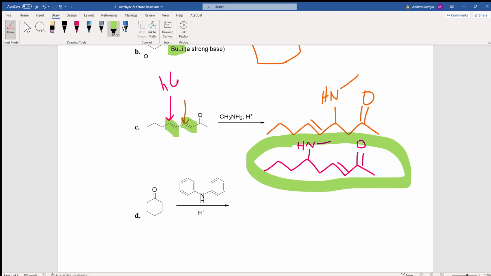Why is it better? Well, in this 1,6 product, our remaining alkene is conjugated into the carbonyl, whereas with the 1,4, it's removed from the carbonyl. And that extra conjugation is enough to help stabilize the 1,6 product that in this case it would be preferred over the 1,4 addition.